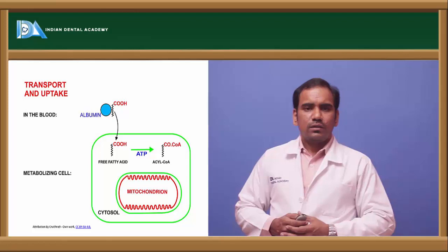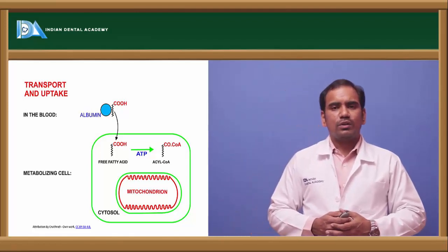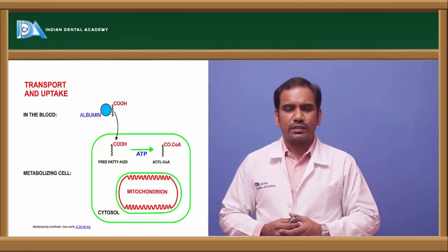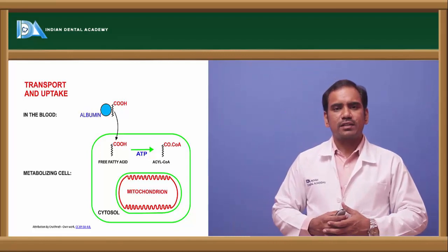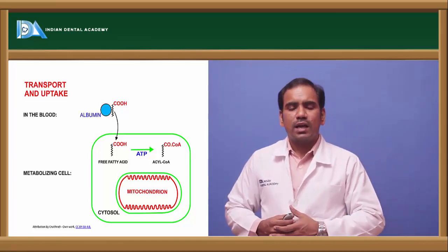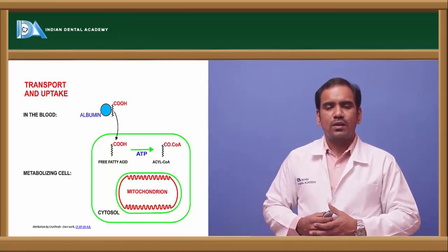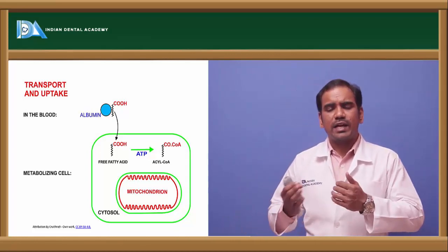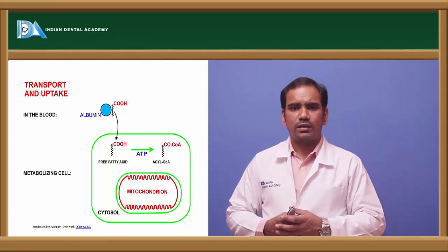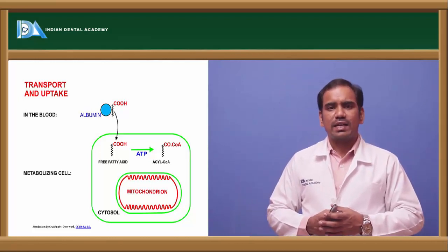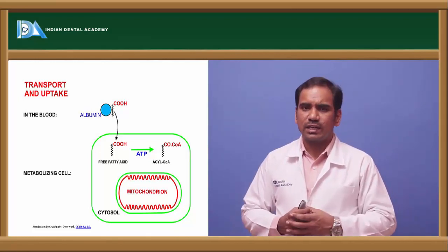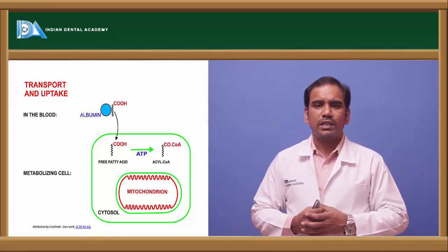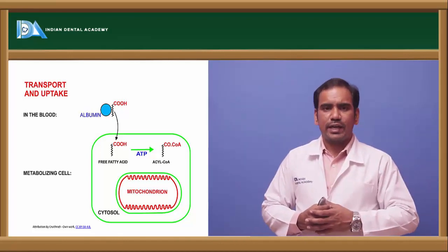First we'll see how the fatty acid is activated. The activation of fatty acid is brought about by an enzyme called acyl-CoA synthetase. Here we are activating the fatty acid by adding coenzyme A, and for this we require energy, supplied by adenosine triphosphate, ATP.